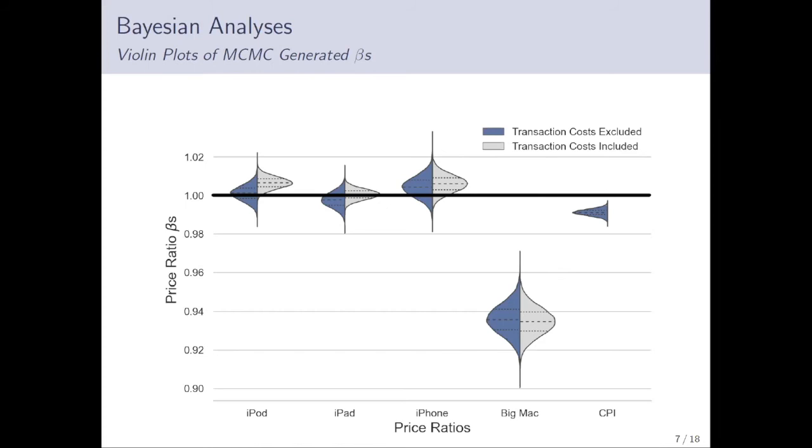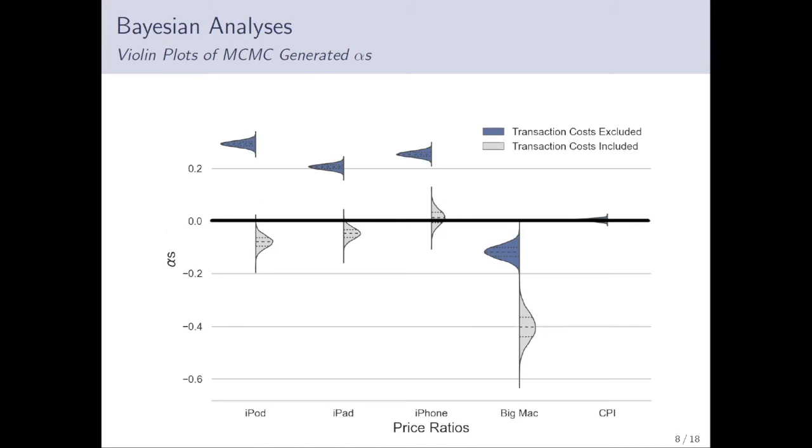Specifically, when evaluating the pre and post transaction cost inclusion effect on the distributions of the parameters themselves, neither the CPI nor Big Mac betas include unity in their distributions. Meanwhile, for all of the Apple product price measures, their respective beta distributions include 1 within their posterior likelihood distributions. What's more, for most, the means are close to unity, both before and after including transaction costs.